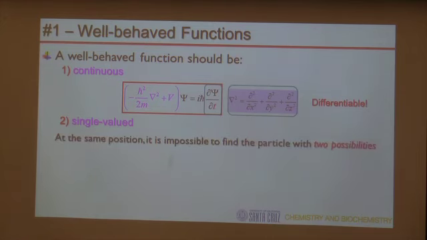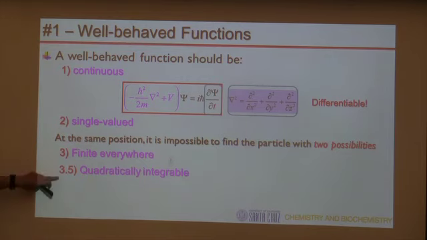The third requirement is finite everywhere. That simply means, because the wave function represents the probability, we cannot get an infinite probability of finding something. So everywhere should be finite. And based on that, 3.5 says quadratically integrable.